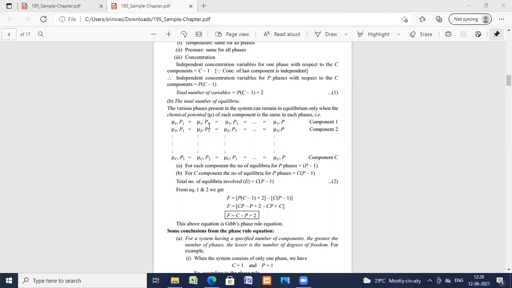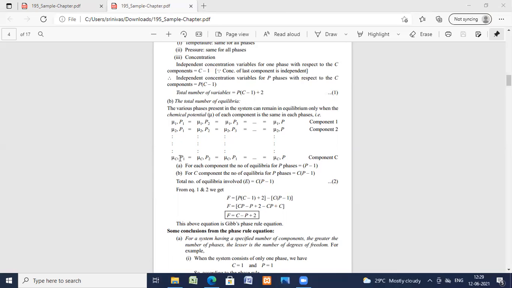Okay, so now the total number of equilibria. For one component, at equilibrium the chemical potential mu is the same in every phase. So mu1 in P1 is equal to mu1 in P2, mu1 in P3, and so on up to P, for component 1. Similarly for component 2, mu2 in P1 equals mu2 in P2, mu2 in P3, and so on.